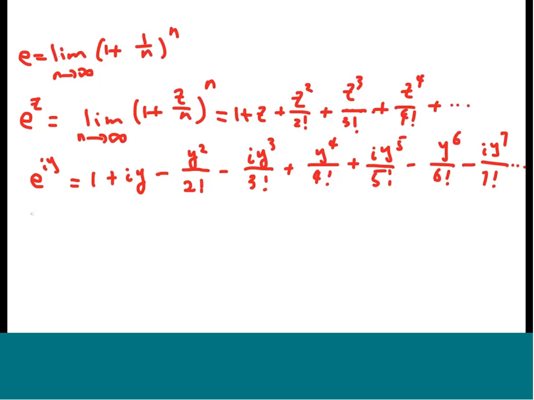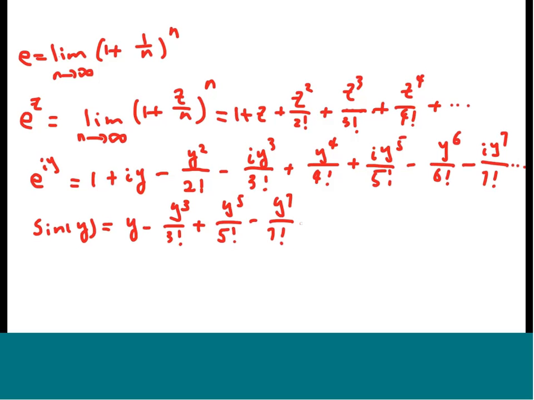One thing I just want you to accept right now: sine y is going to be y minus y cubed over 3 factorial plus y to the 5 over 5 factorial minus y to the 7 over 7 factorial, and keep going. This is true for every number y, and you can even prove it for complex numbers.